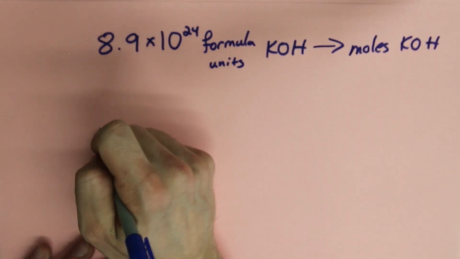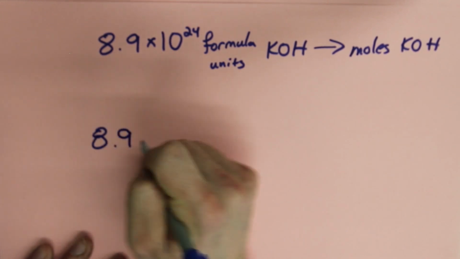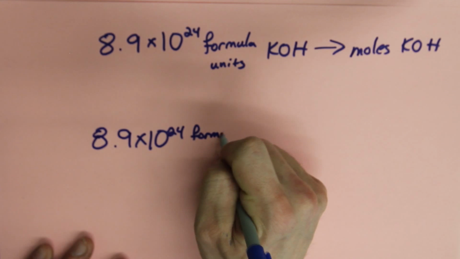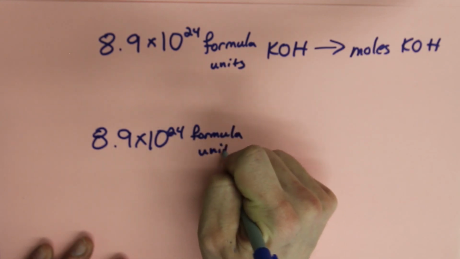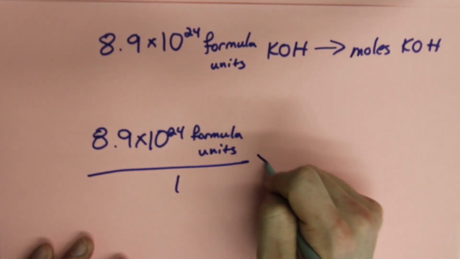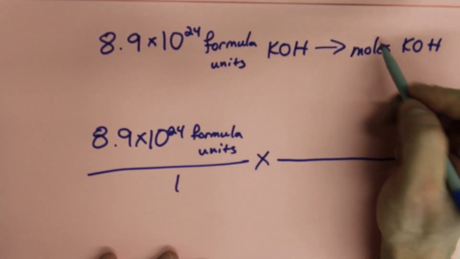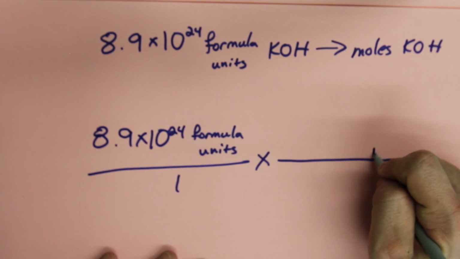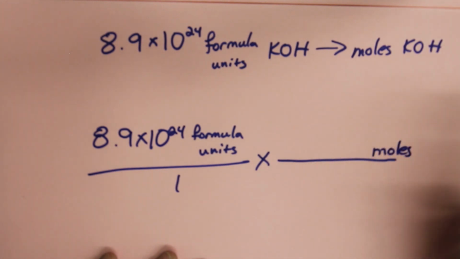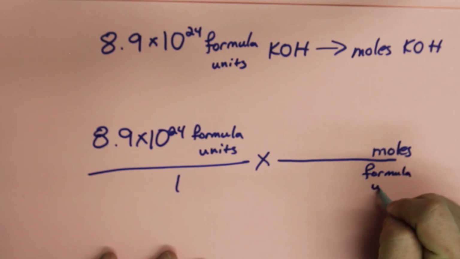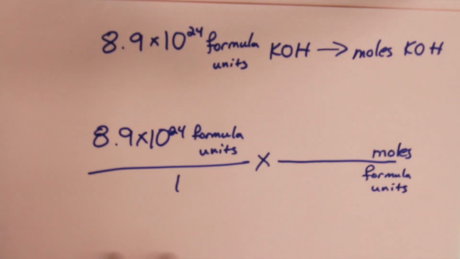So again, take what you're given, and we are going to put that over 1. Okay. So overall, we want to get to moles. So that's going to be on our top. And then on the bottom, we are going to write formula units.